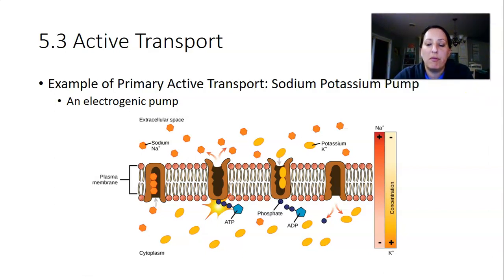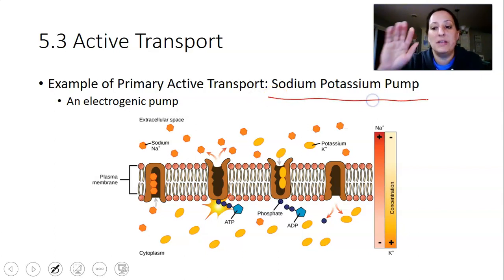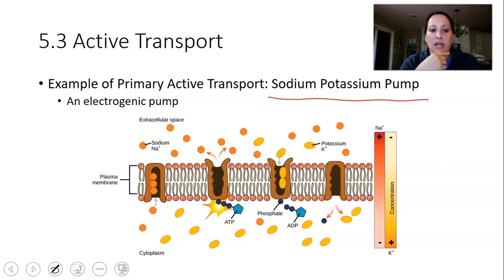Here's an example of primary active transport. So this is going to be a carrier protein in the membrane that's going to transport materials against their concentration gradient with the use of ATP. In this particular example, this is the sodium-potassium pump. This is the textbook example that's always used for active transport. It's called an electrogenic pump because it sets up an electrochemical gradient, a charge difference across that membrane.